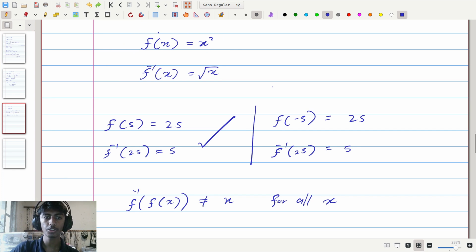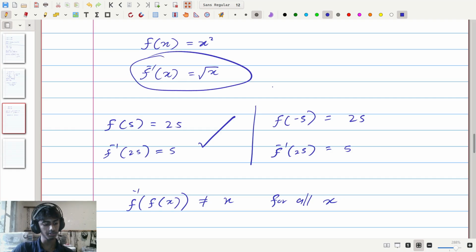There are two possible inputs that lead to a single output. Well, for 0 there's only one, but for all the other numbers there's two numbers that lead to the same output. Negative 5 and 5 both map to 25. So this is not a one-to-one function. This is in fact a many-to-one function, which means a proper inverse of this function does not exist.